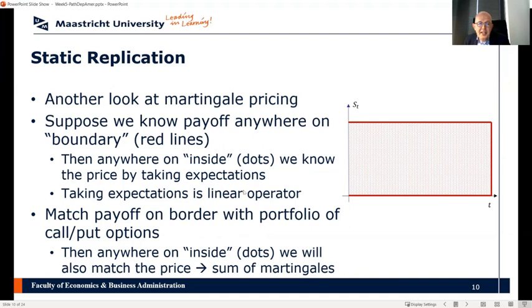Because expectation is a linear operator, if I take the expectation of the sum, that is the sum of the expectations, and anywhere on the inside we will also match the price because we are taking a sum of martingale values. And again, every time I've said value here, it was of course discounted value or value divided by the value of the numeraire.